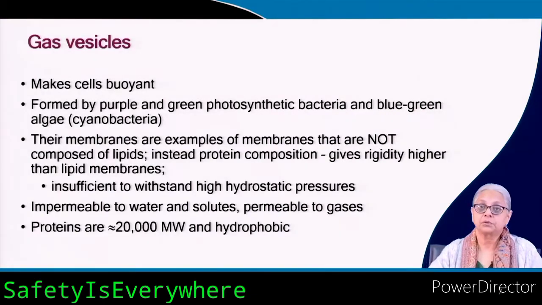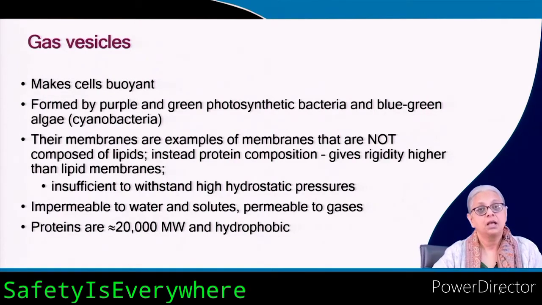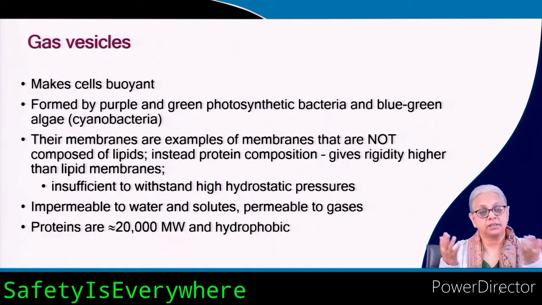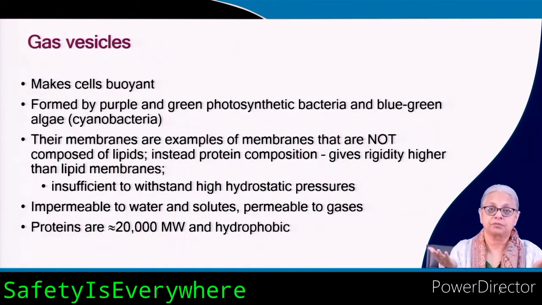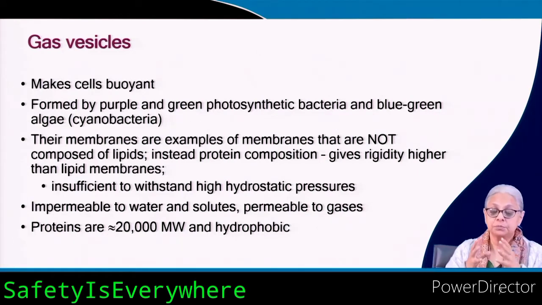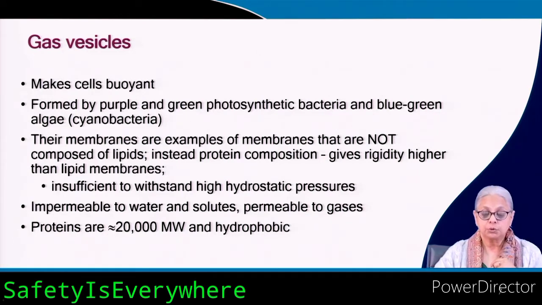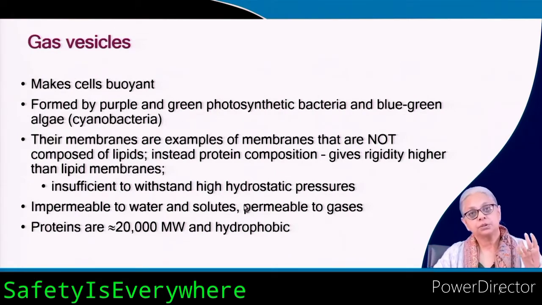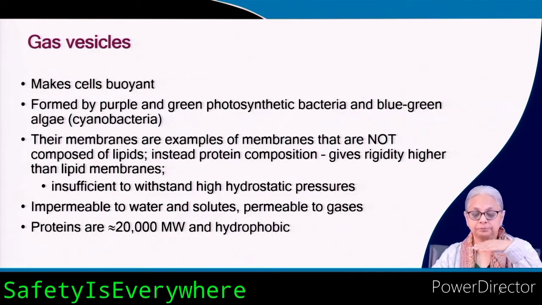Let's look at the next organelle, and that is gas vesicles. These gas vesicles are like bubbles inside the bacterial cell, and that helps the bacterial cell or the algal cell to rise to the surface. It gives them buoyancy, and this buoyancy is very important for photosynthetic bacteria and cyanobacteria or blue-green algae. These photosynthetic bacteria need to harvest solar energy, so they can maximize their harvesting of solar energy by remaining at the top of the water column.